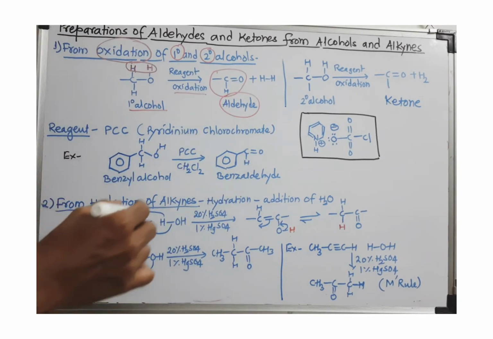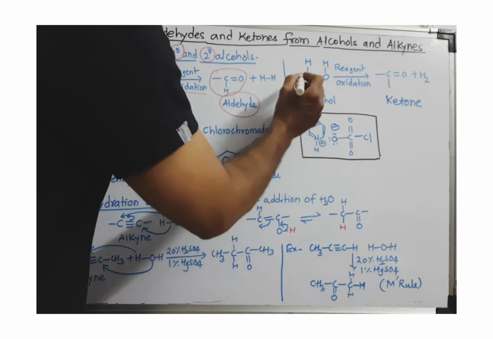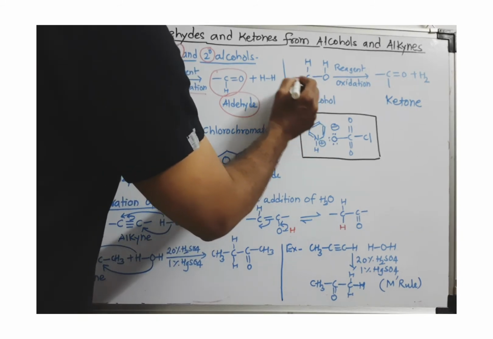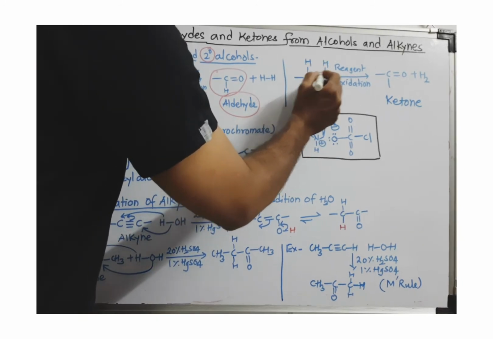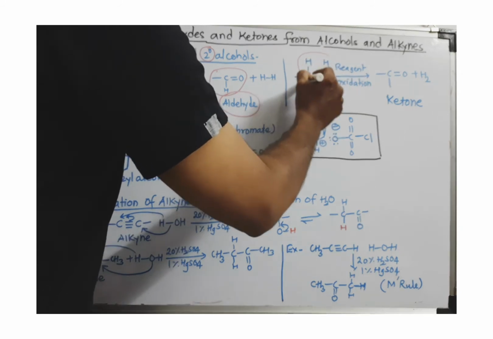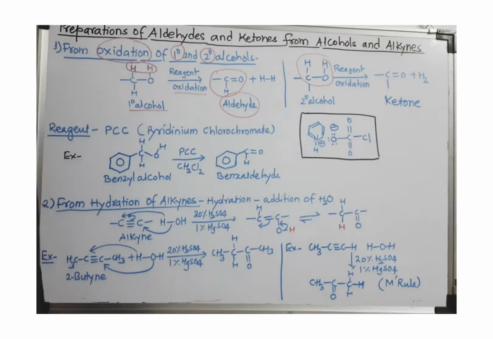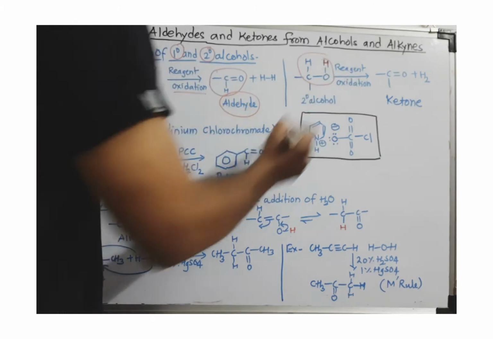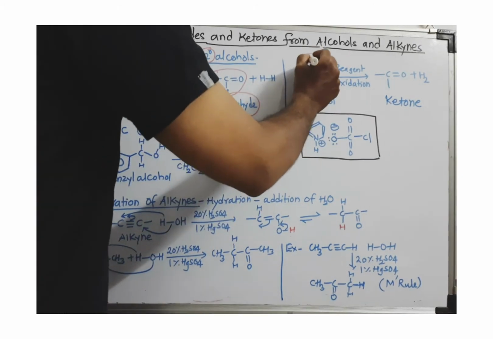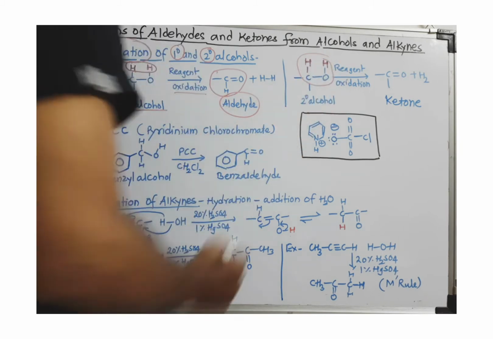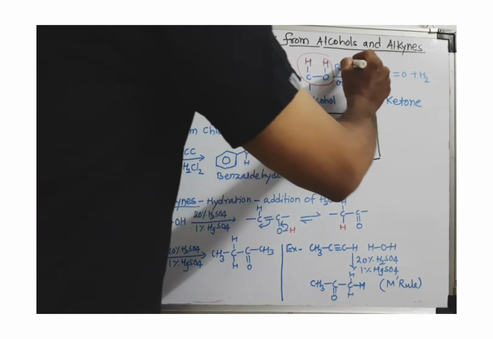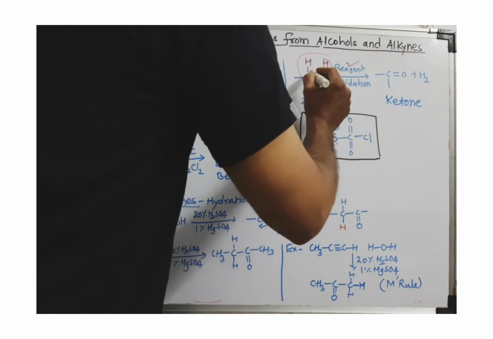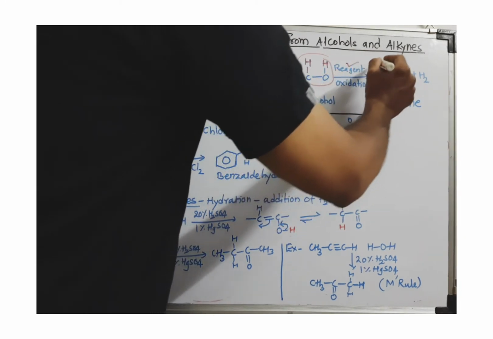And if a secondary alcohol is used, what is a secondary alcohol? Here an alkyl or aryl group and only a CHOH group is present. CHOH group means secondary alcohol. Doing the same thing, you remove hydrogen from oxygen and hydrogen from the carbon where oxygen is attached, using a reagent, and put a double bond between carbon and oxygen.